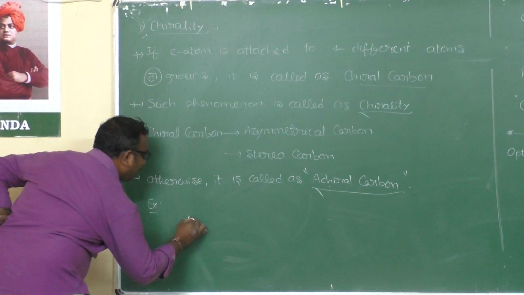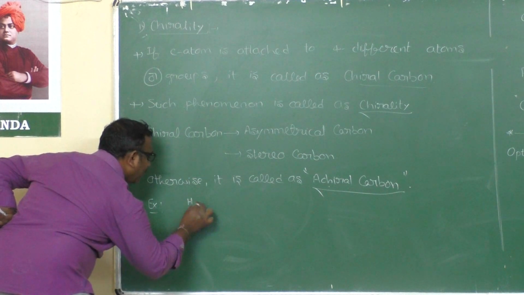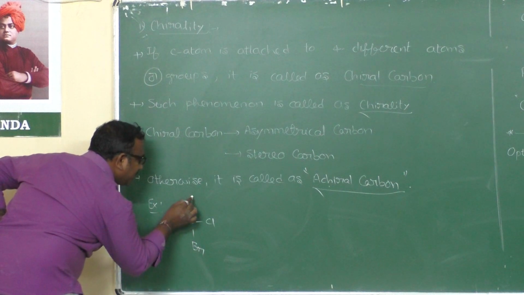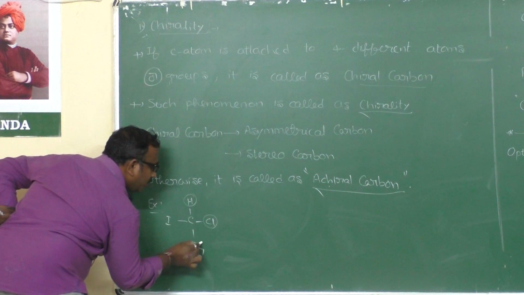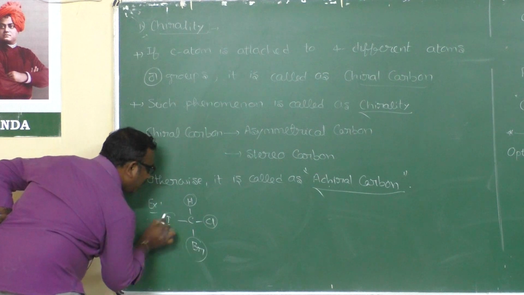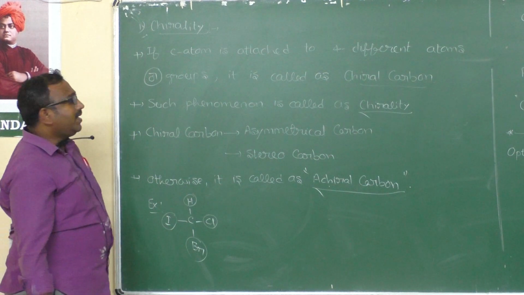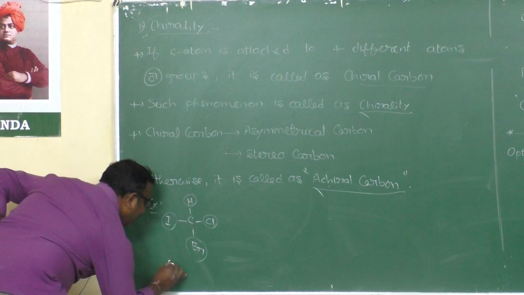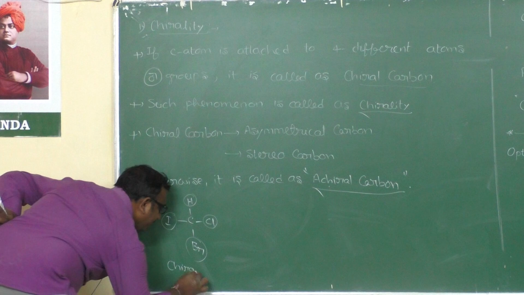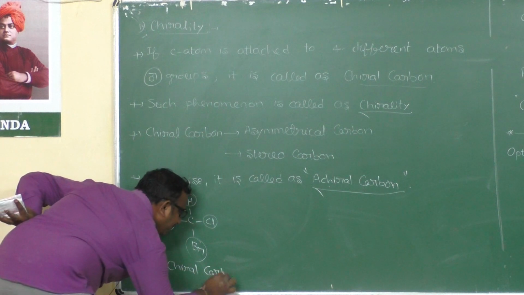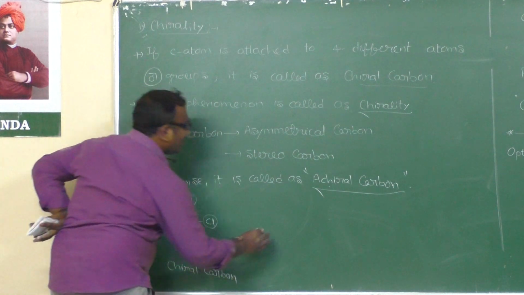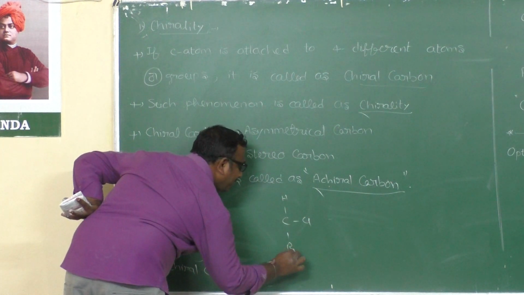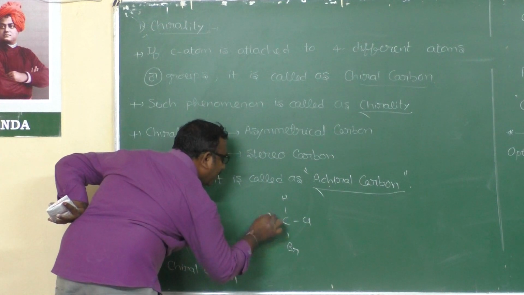See this example. In this example, the carbon atom is attached to hydrogen, chlorine, bromine and iodine. So, is it a chiral carbon or an achiral carbon? Chiral carbon. See the second example, CH, Cl, Br, Br.